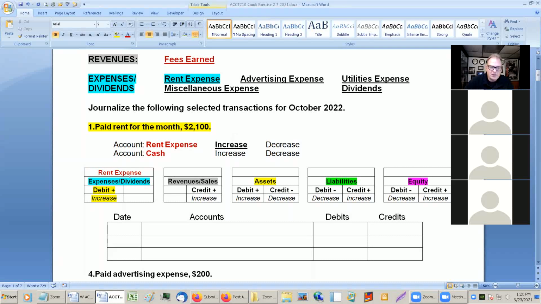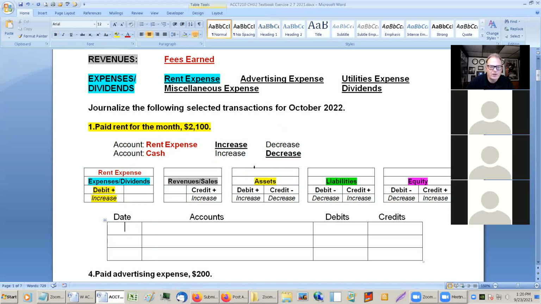So the good news is whenever you run into an expense, you say yippee. Well, not yippee because you're paying money out, but yippee because you know what the journal entry is. And notice, cash is not increasing, it's decreasing. But if you know this one, rent expense is a debit, whatever the other account is, it has to be credit.